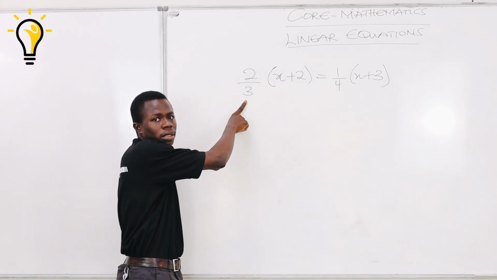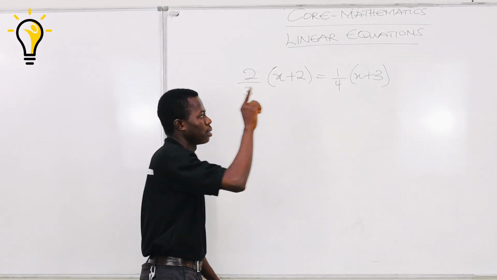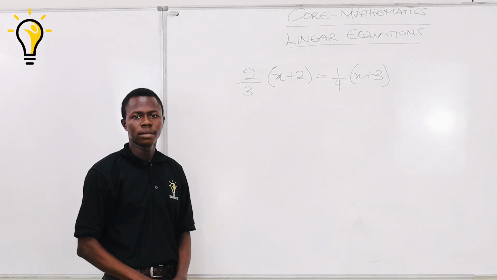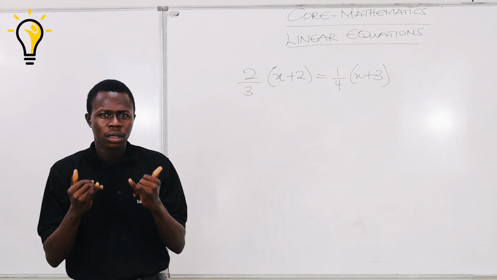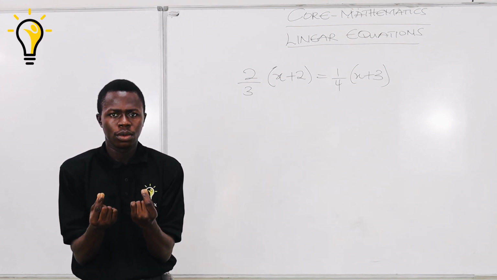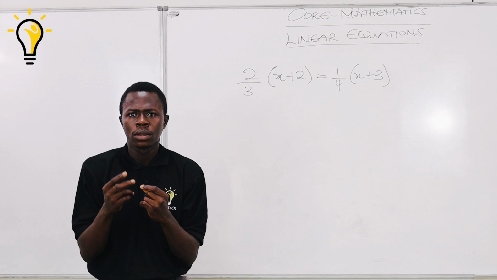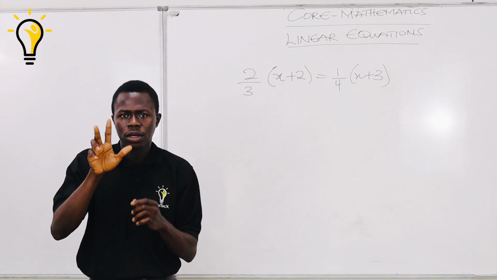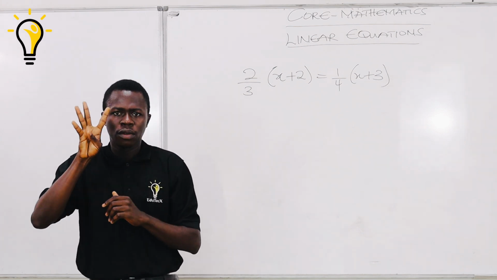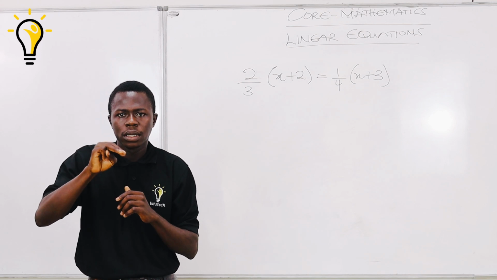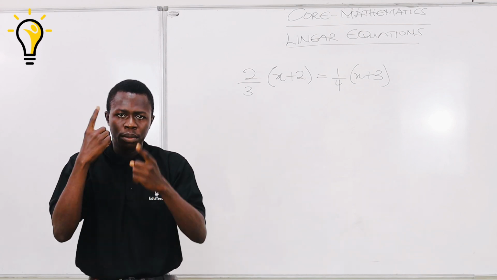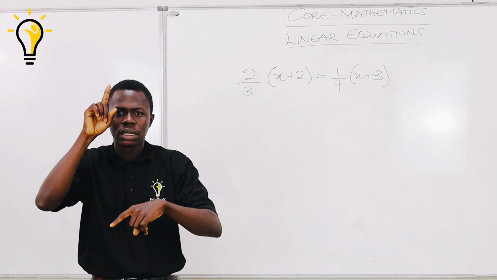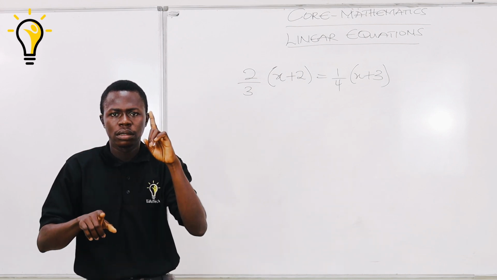The denominator, you can see clearly on the board, is 3 for the first one, and 4 for the second one. So what we do to find the LCM is we multiply 3 by 4.